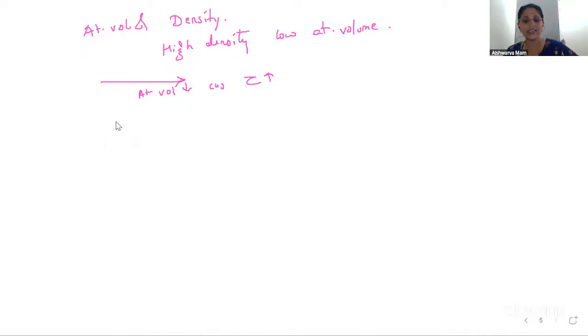Two highly dense elements, if you see, one is osmium, which is highly dense, 22.57 grams per cc, and one more is iridium, which is 22.61 grams per cc. So zinc is exceptional. It has large atomic volume, but lower density.